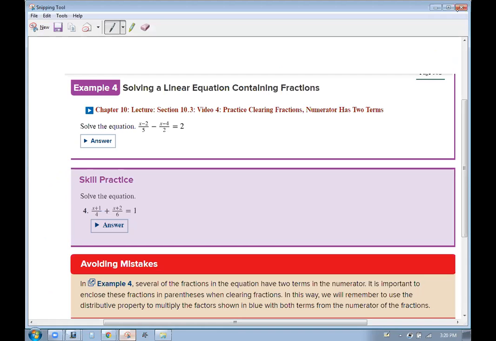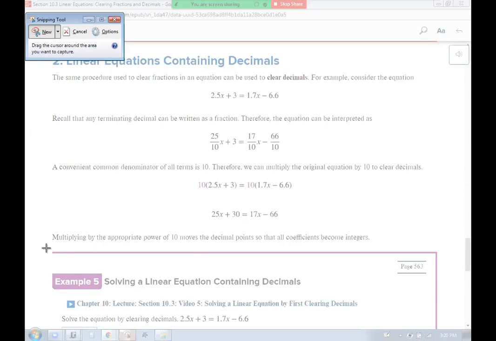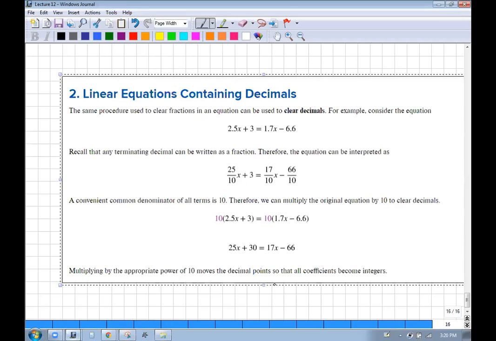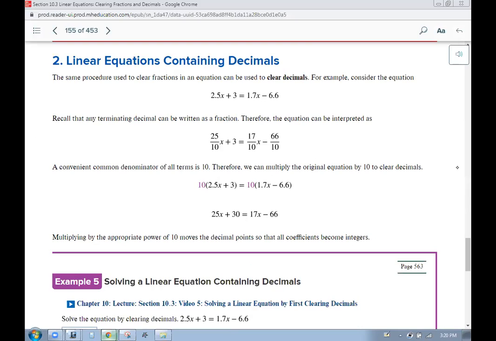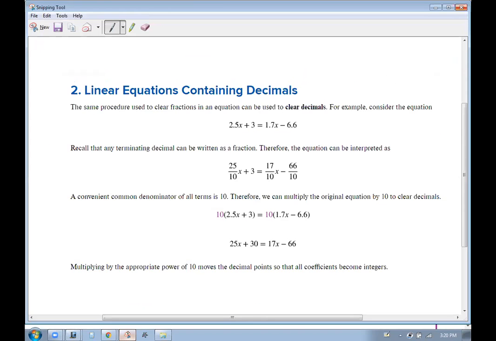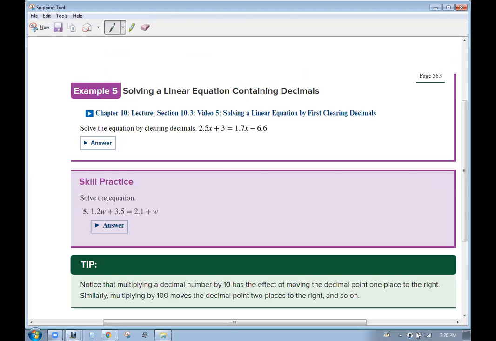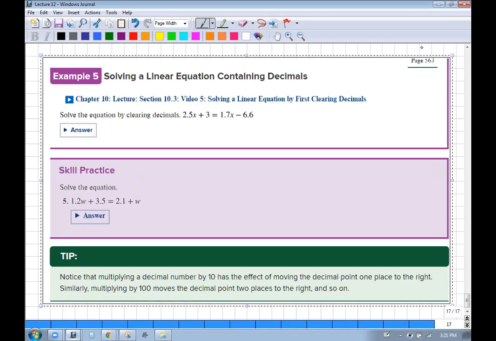Well, now we're going to do the same thing with decimals, okay? Use the same procedure to clear the decimals, all right? So let's see.